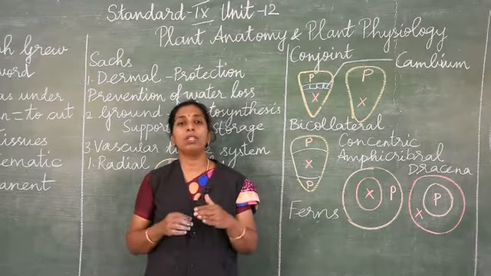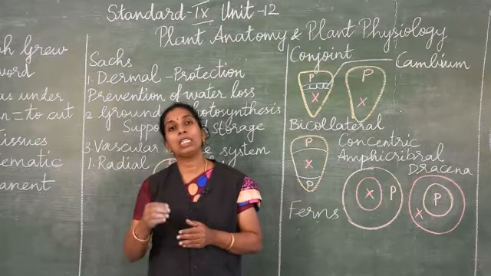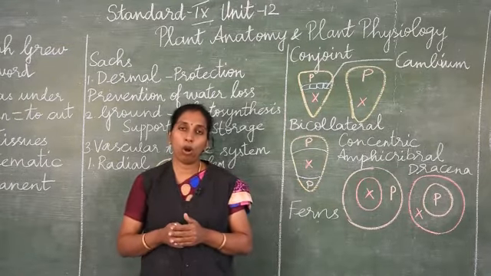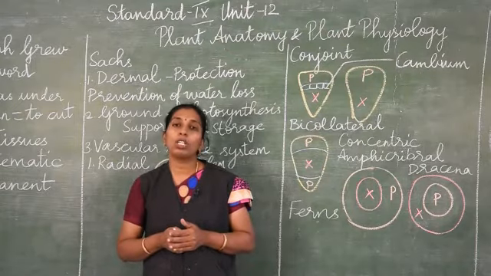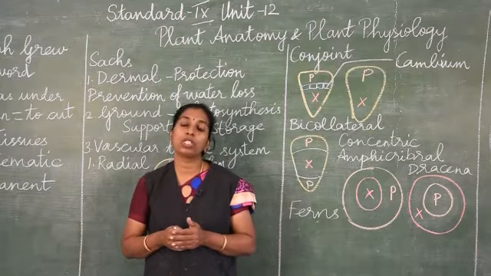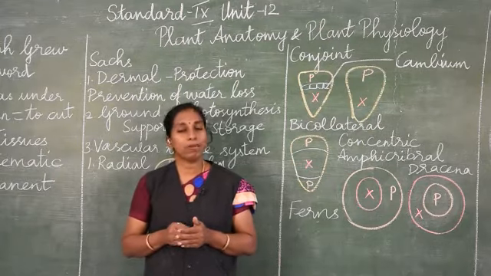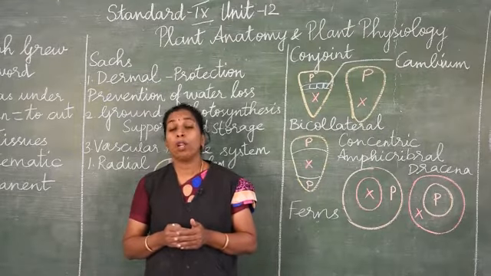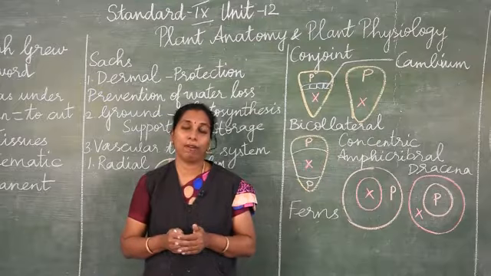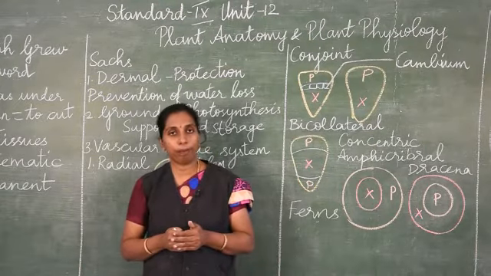In this lesson we are going to learn about the internal structure of plants, followed by photosynthesis in detail, where it takes place, which is in the chloroplast. What is the mechanism of aerobic respiration? What is the mechanism of anaerobic respiration?